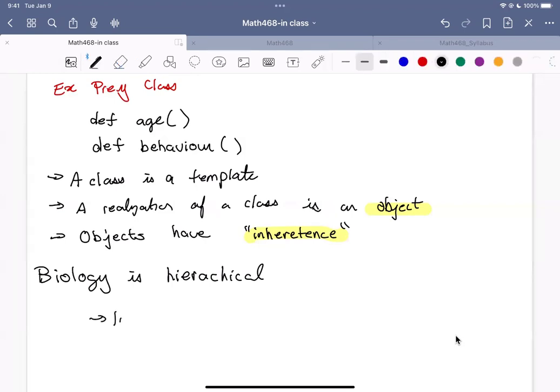Perfect. So Linnaean nomenclature. So this would be like kingdom, phylum, class, etc. Spelled wrong, but you get the idea.